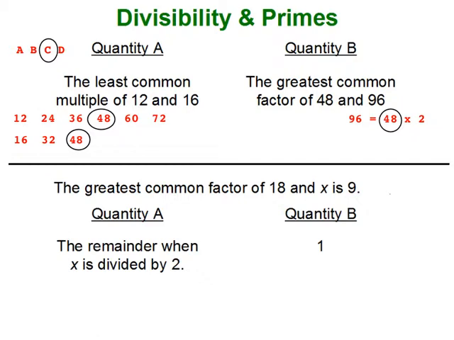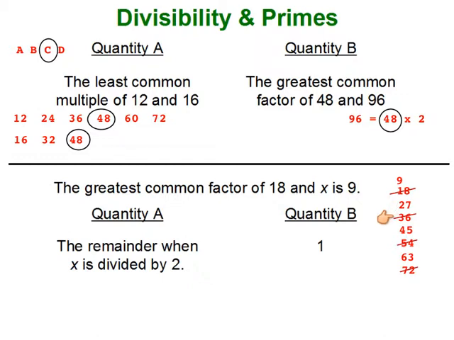So we know x has to be at least 9, and then it could be any other multiple of 9 that doesn't include 18 as a factor. So we could kind of make a list, and we could check that list out. So x could be 9, because 9 clearly has a factor of 9. It cannot be 18. So the next multiple of 9 that's available is 27.